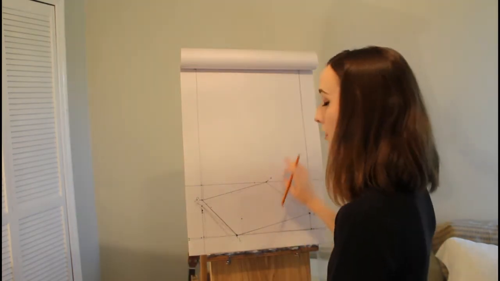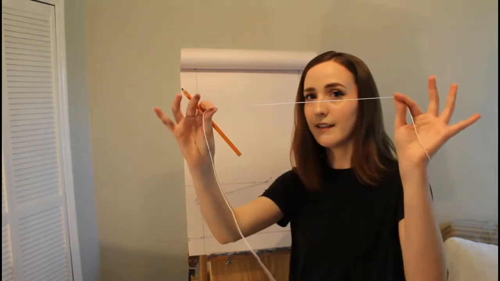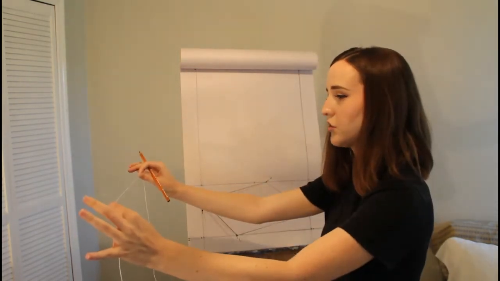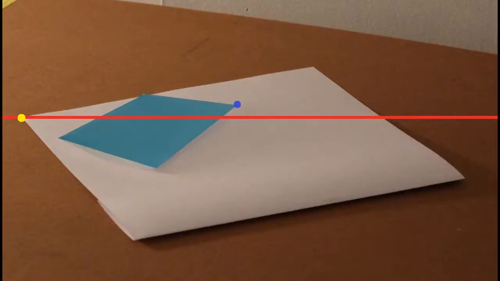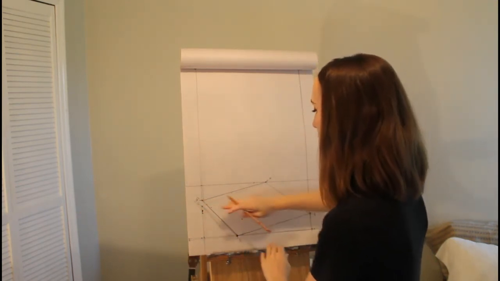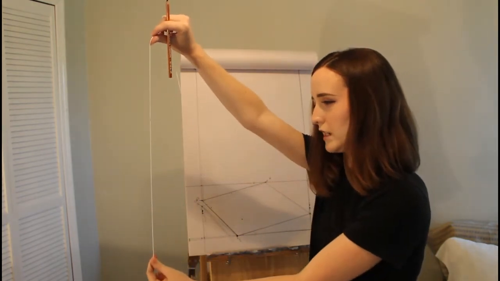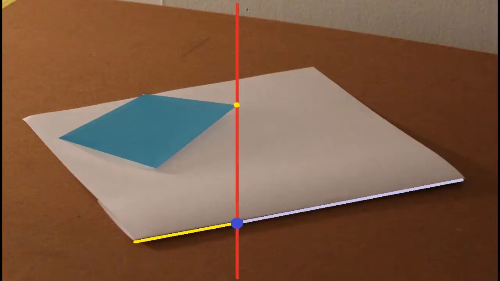Now I only have to find my rightmost point. Same thing. I'm going to put a straight line through it, ask a question. It is higher than the left point, so it's got to be above that line that I just made. I'm going to put a straight vertical line through it.